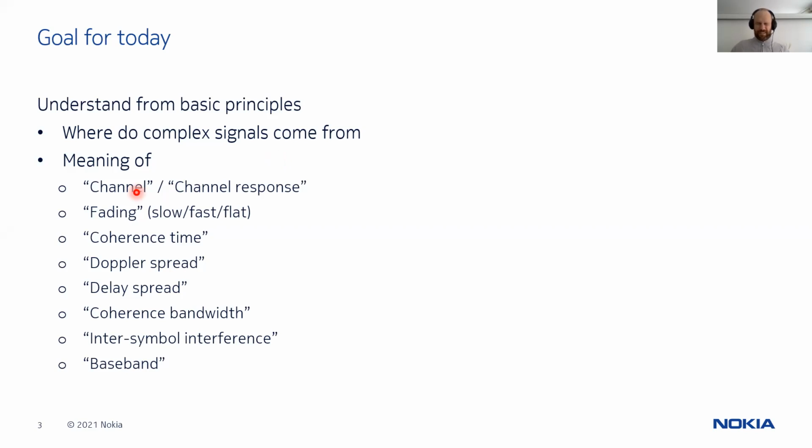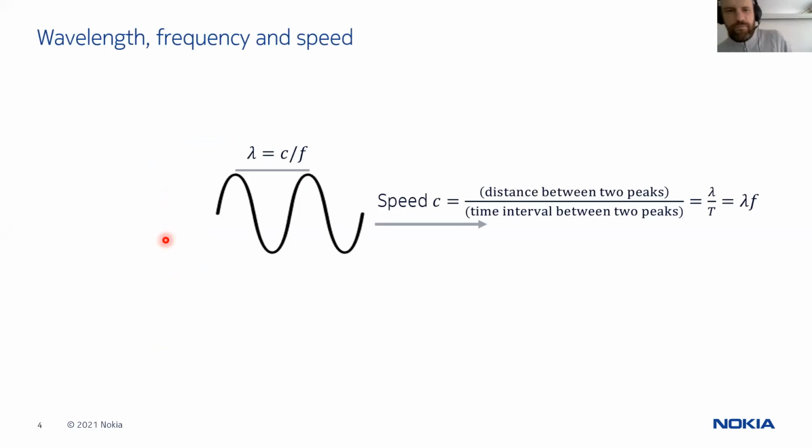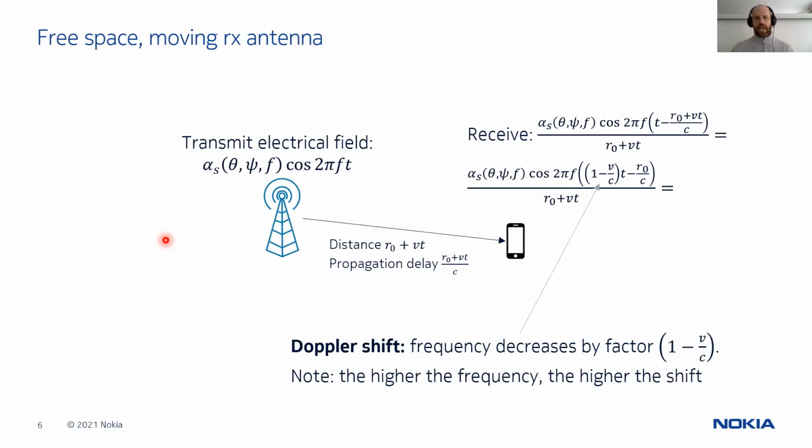And we went through many, surprisingly many things. When I look back at the presentation, I said, wow, it was super dense. I think too dense. So we went through what channel means, what fading means, and then many other things like coherence time, Doppler spread, delay spread, intersymbol interference. So we went really from first principles, like transmit a sinusoid and see what happens, to go through concepts like Doppler shifts.